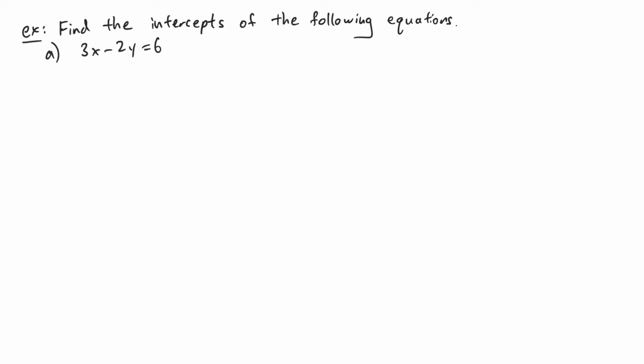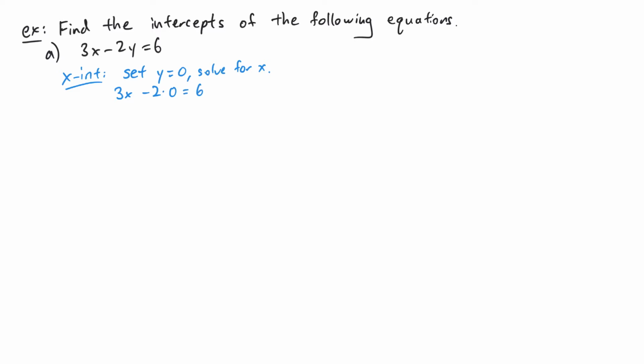In this example, we want to find the intercepts of 3x minus 2y equals 6. First, let's find the x-intercepts. Remember, to find the x-intercepts, what we need to do is set y equal to 0 and solve for x. So, in our equation, if we set y equal to 0, we have 3x minus 2 times 0 equals 6.